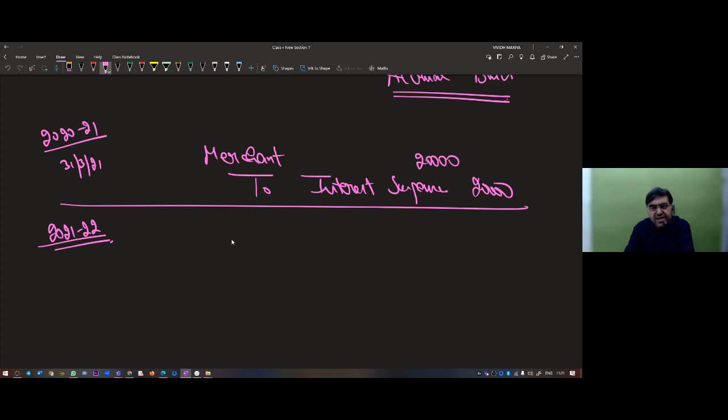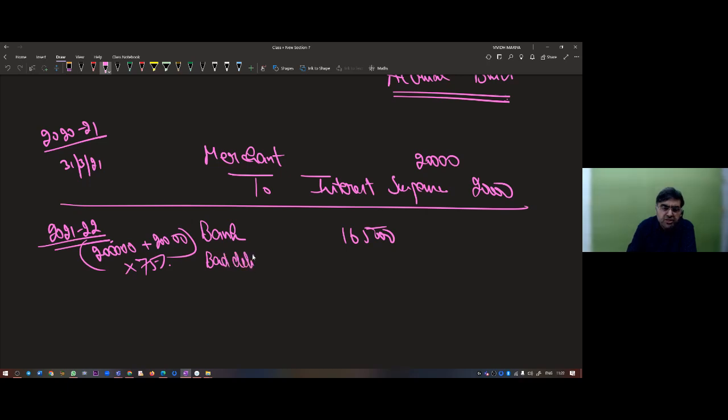Let's make only one entry. We will recover 2 lakh of principal plus 20,000 of interest, 75% of 2,20,000, we will be recovering 1,65,000. The bad debts will be 25% of 2 lakh, so the bad debts will be 50,000. The merchant's account will be closed.